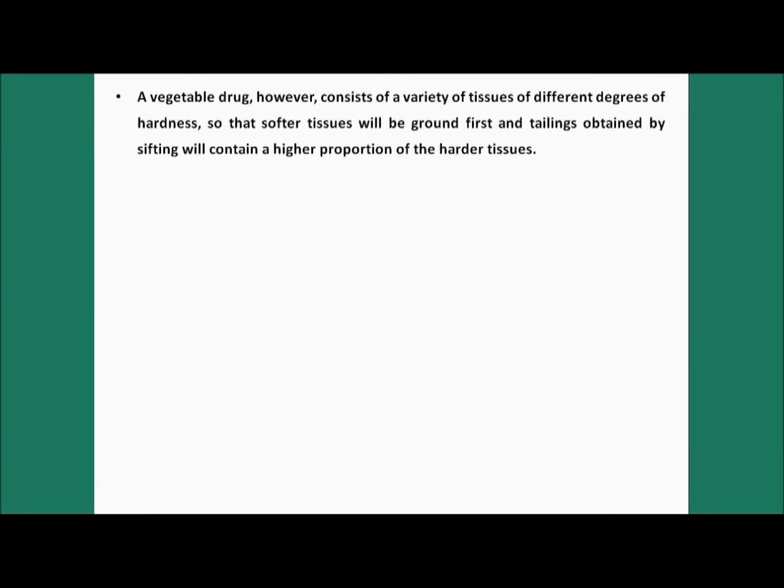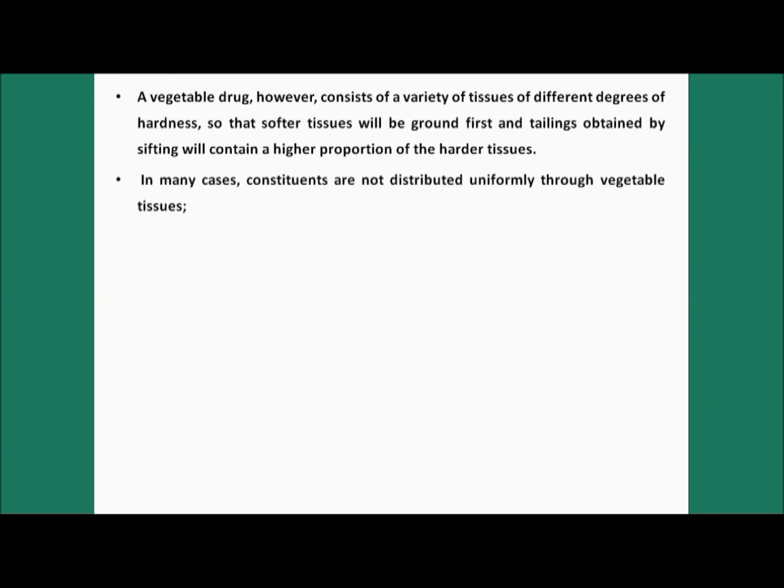Because you see, vegetable drugs consist of tissues of different degrees of hardness. Some tissues of vegetable drugs are soft, which get easily ground, and some tissues are hard, which take time to get ground, right? So in such cases, you need to see the difference.